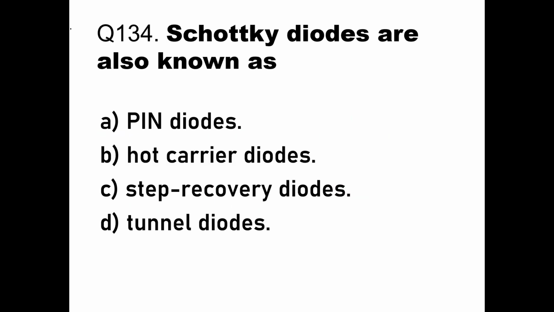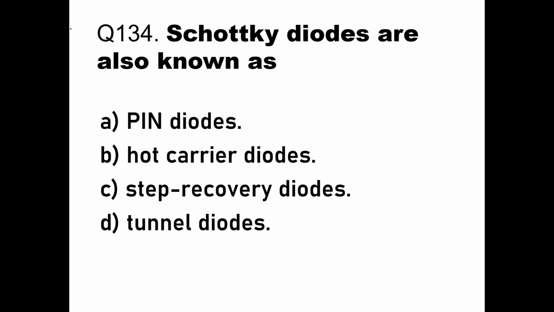Schottky diodes are also known as. If you remember the structure of the Schottky diode, it is a metal and an N-type semiconductor. There is no P-type semiconductor here. It is a metal joined to an N-type semiconductor.